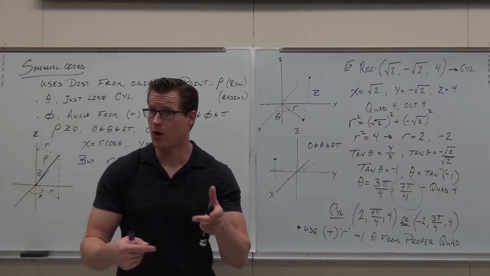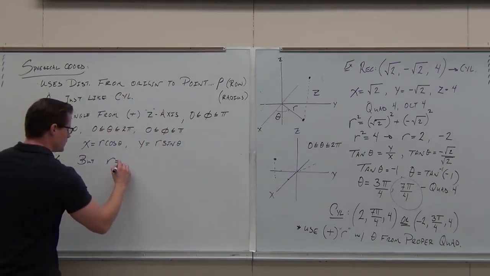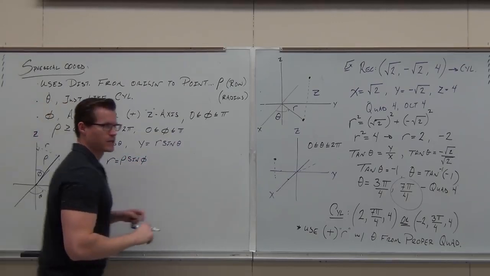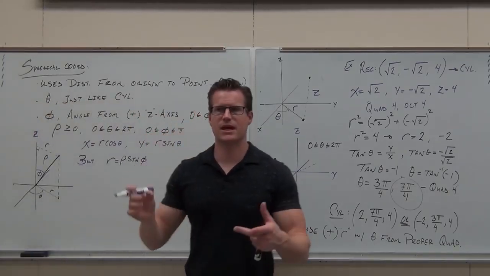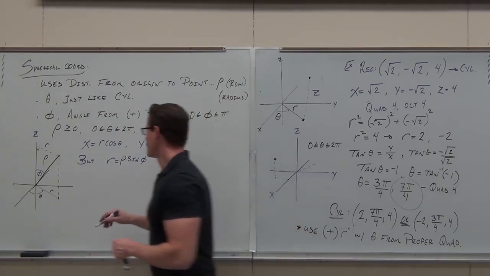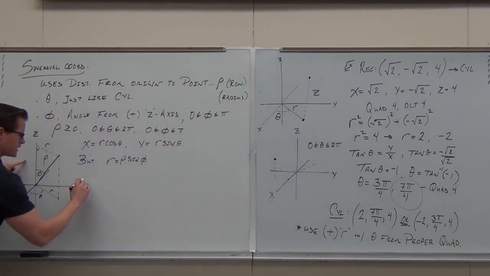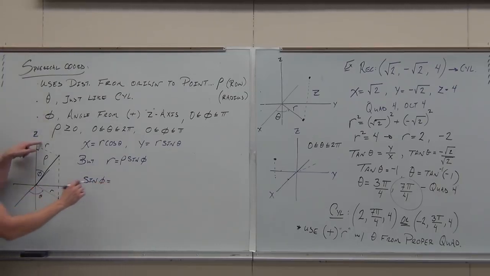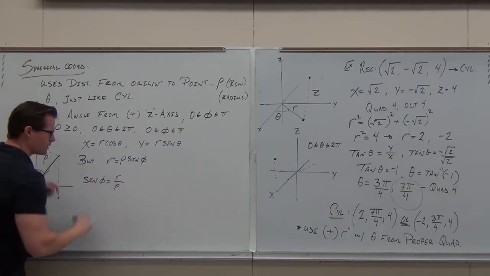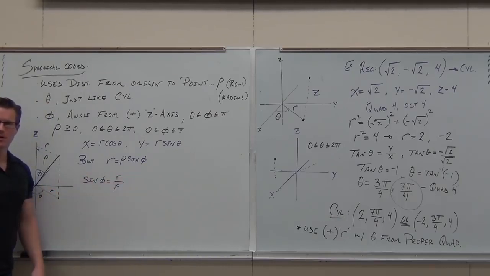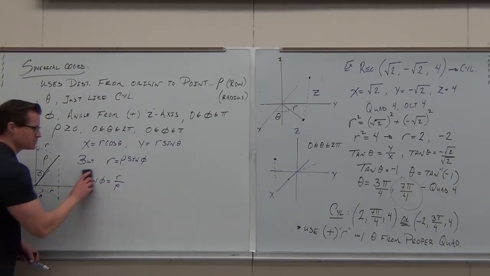And if I solve for r, we get rho sine phi. Do you guys see how we get rho sine phi? No? If you don't see it, here it is. Sine phi is opposite over hypotenuse. Do you guys see it? Multiply by rho. Boom. R equals rho sine phi.